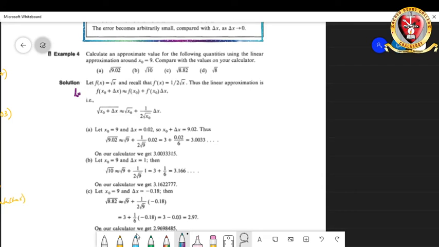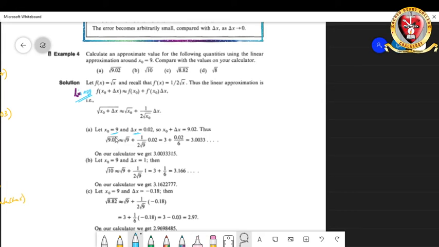This is a linear approximation, using the linear approximation equation given earlier. So here you take x naught is equal to 9, and delta x is equal to 0.02. When you add them up, you get 9.02.